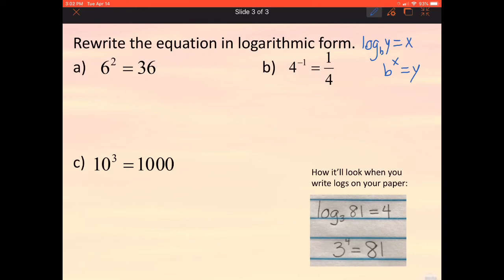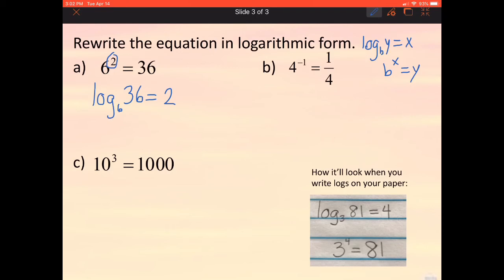Our base is 6, so log with a little subscript base 6, and then we have to decide where the 2 and the 36 go. I said that the log equaled the exponent. So here's our exponent, so I'm going to say equals 2. That means 36 goes here. So 6 to the second equals 36 means log base 6 of 36 equals 2.